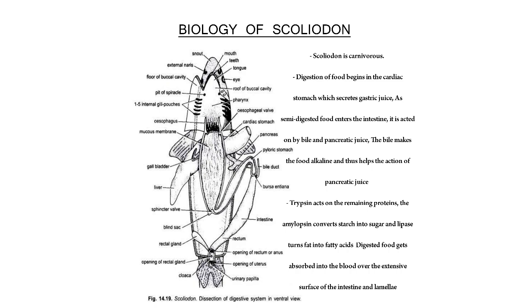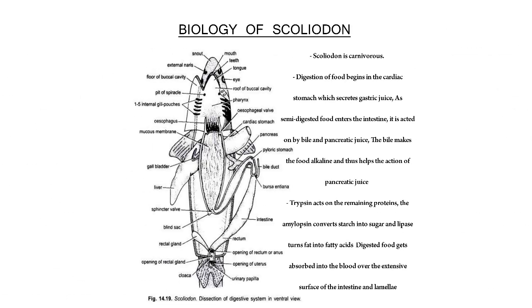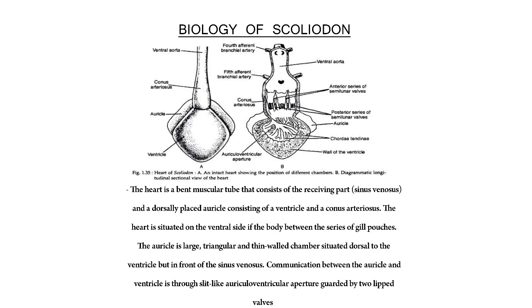Now, let us talk about their circulation, which is the heart and the blood circulation. The image you are seeing here shows the heart of Scoliodon in both intact and diagrammatic longitudinal sectional view.